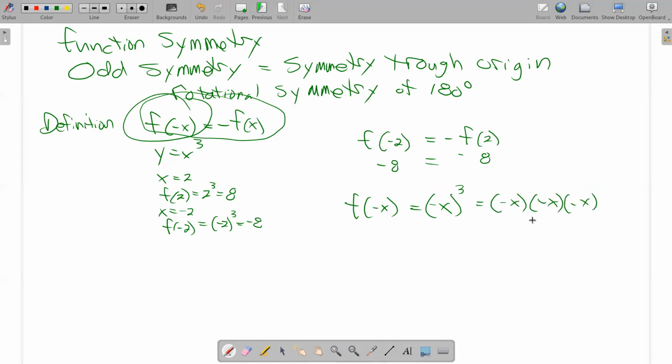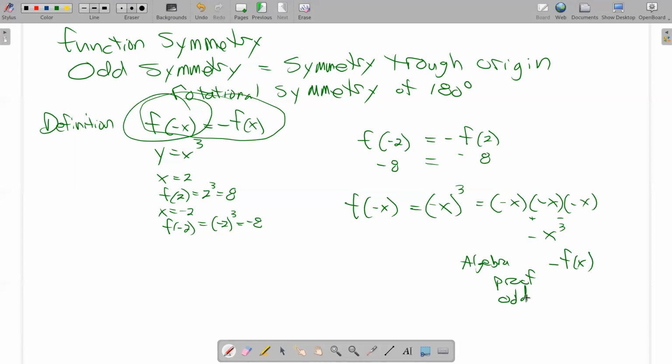Negative times a negative is a positive, times another negative is a negative. x times x times x is x cubed. The negative popped out. So that is negative f of x. So that's like an algebraic proof that this function is definitely odd symmetric. Okay, and I could see it in the graph.